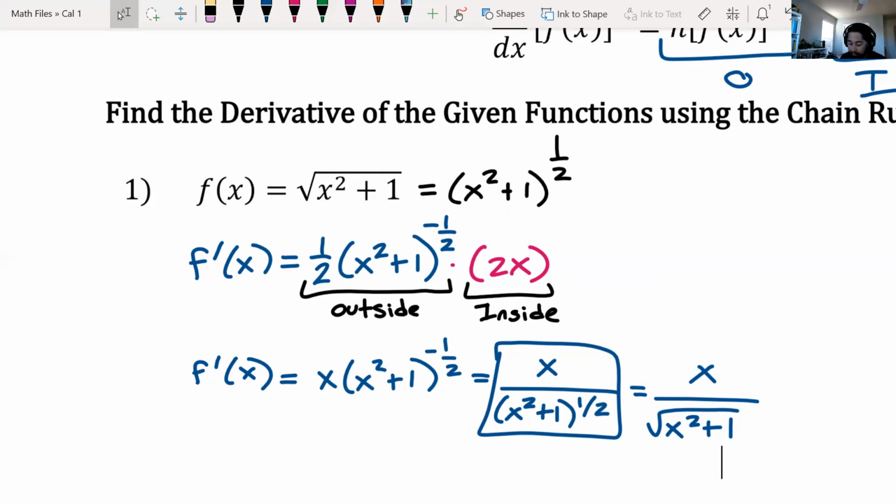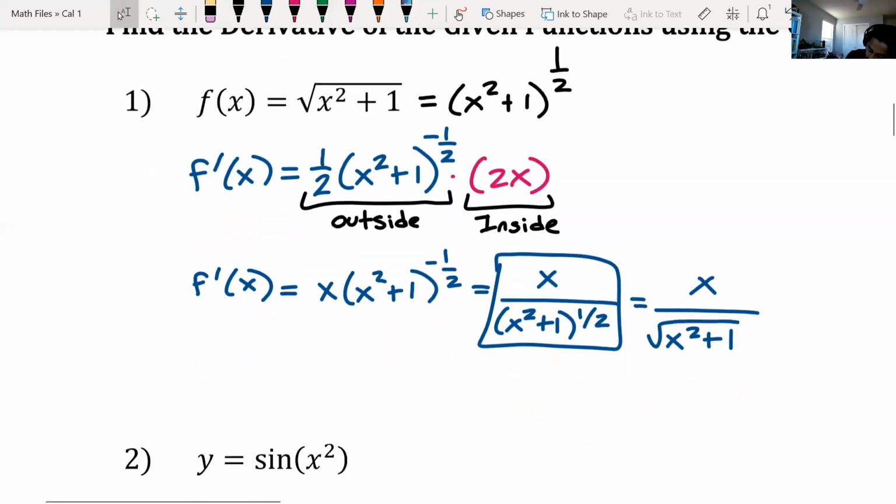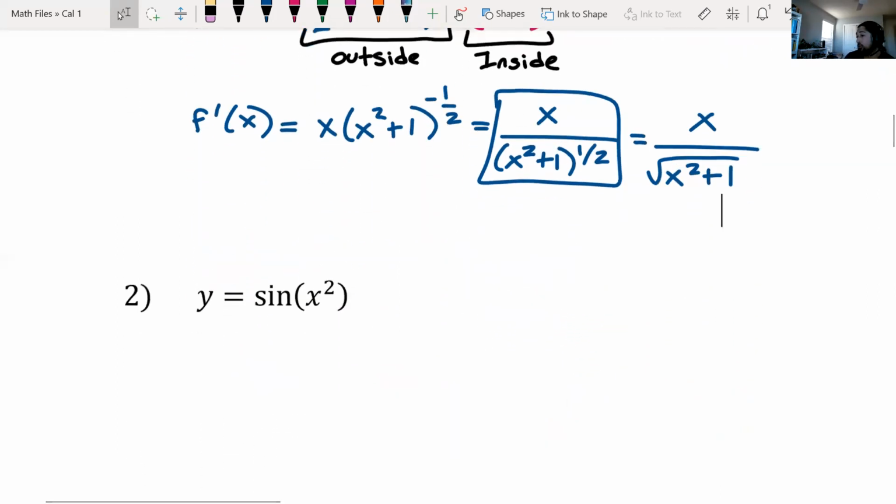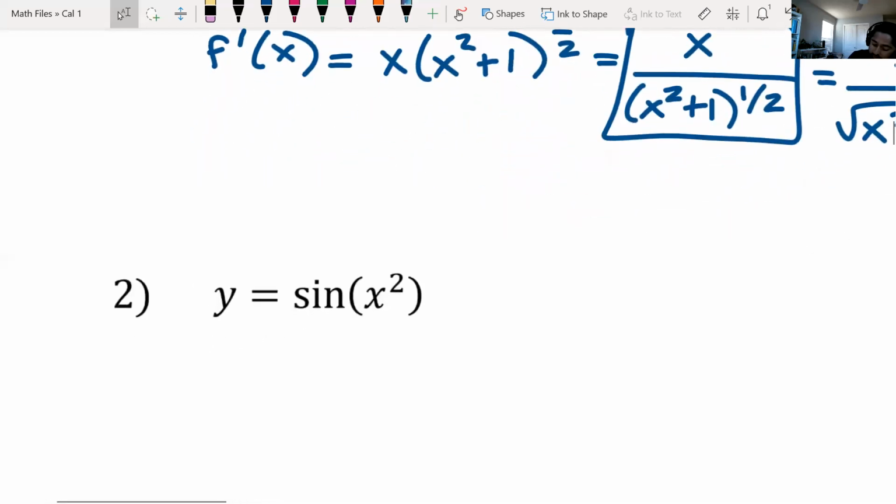Okay. All right, 2. y equals sine of x squared. I mean, this is definitely a composition function. It is a function made of two functions. So we're going to do the chain rule again. So we're going to say that y prime, and you're going to take the derivative of the outside function. So the outside function here is sine. What is the derivative of sine? Cosine.